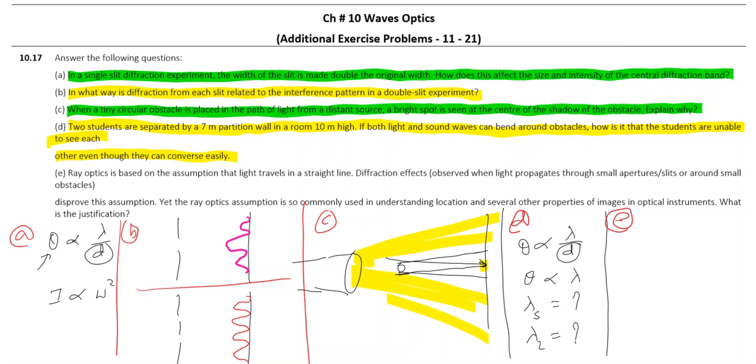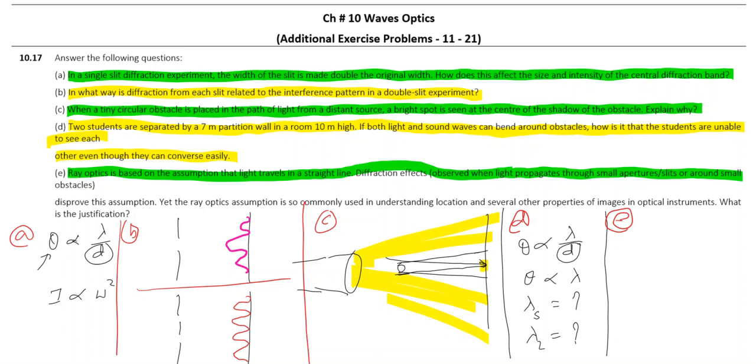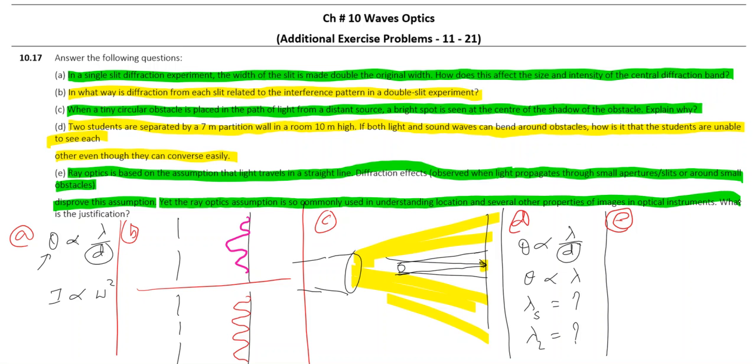Next one. Ray optics is based on the assumption that light travels in a straight line. Diffraction effects observed when light propagates through small aperture slit around small obstacle disapprove this assumption. Yet the ray optics assumption is commonly used in understanding location and several other properties of image in optical instrument.